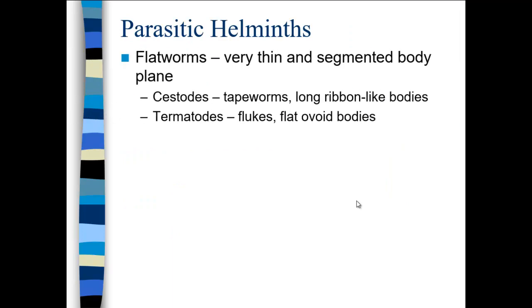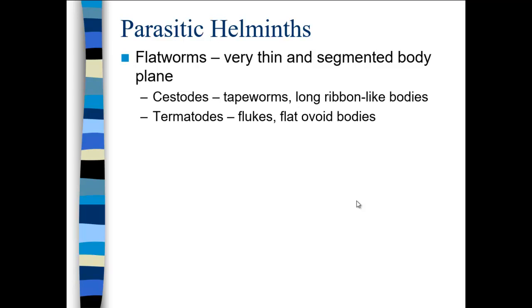Okay. Now, nobody likes worms. So we're going to talk about worms. There's a lot of diseases that are caused by worms. There are 2 types of worms. The first one is called flatworms. They're very thin, and they have a segmented body plan.